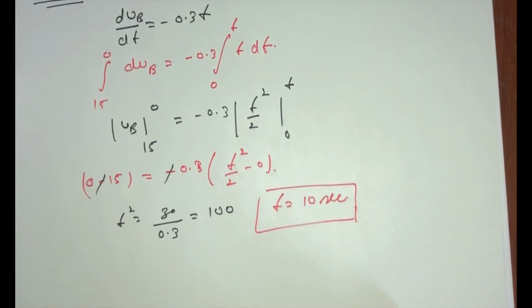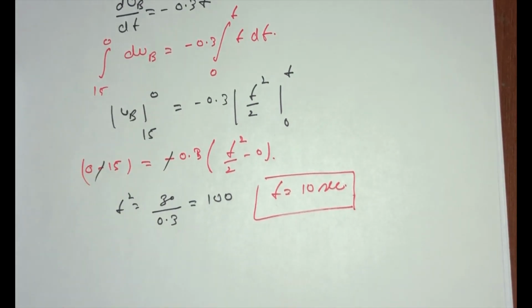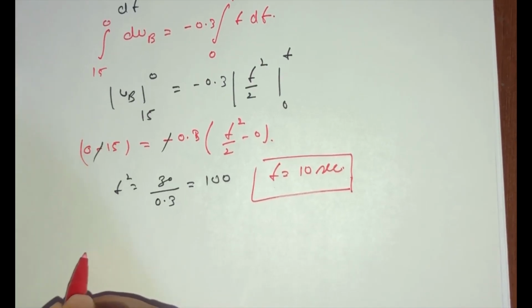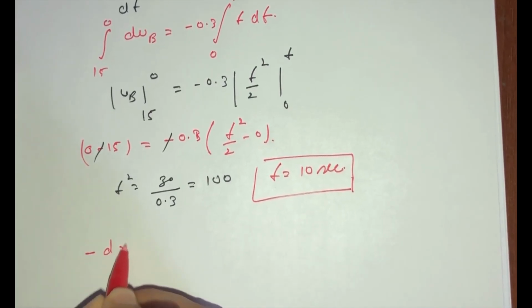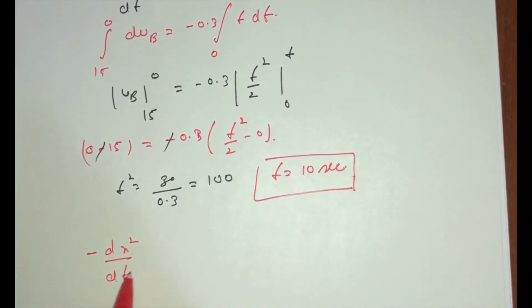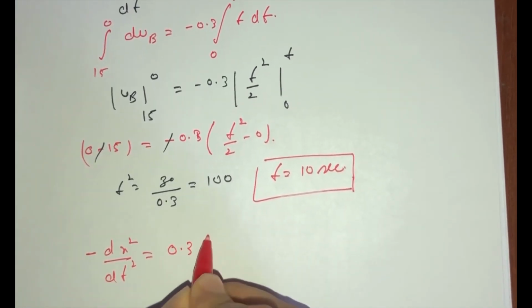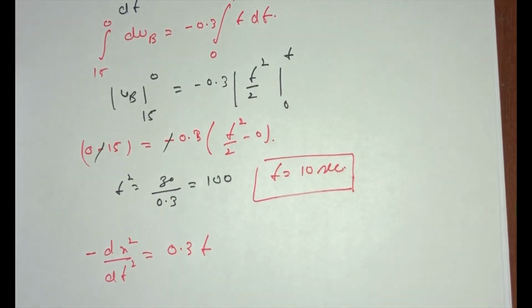So this is the first part. In the second part, we can write minus of the double derivative of distance x is equal to 0.3 t.